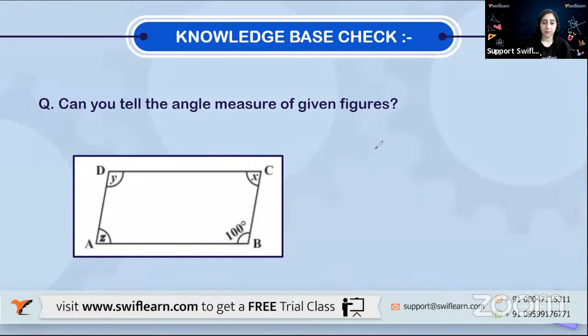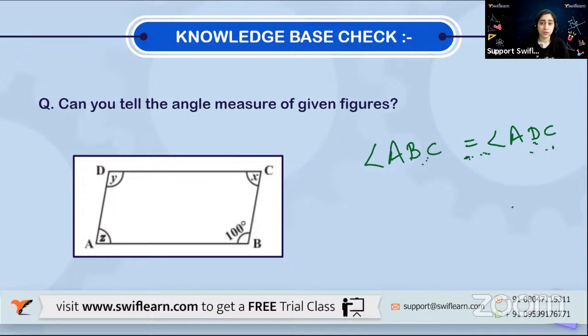See, angle ABC is equal to angle ADC. Why do we say that these two angles are equal? Because they are opposite to each other, right? So angle ABC is equal to angle ADC because they are opposite of each other, okay?